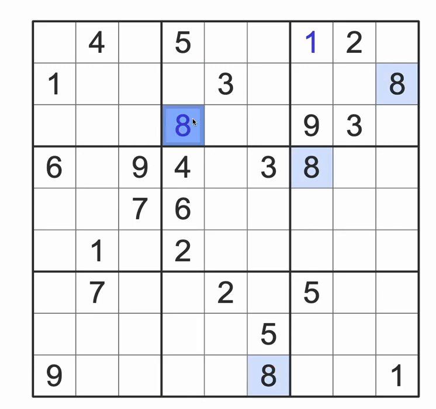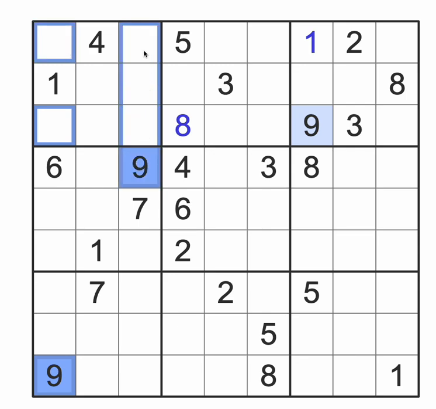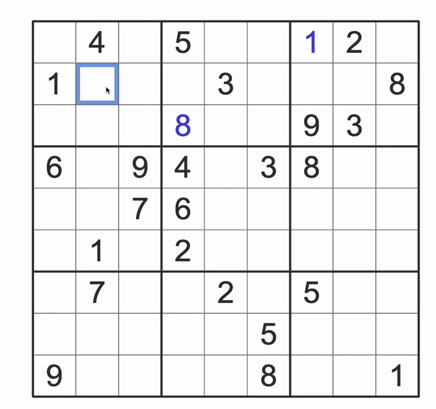So this is the only cell I can place 8 on column 4. And I can place 9 in box 1 because this 9 blocks these, this 9 blocks these, and this 9 blocks here. That gives me 9 here.